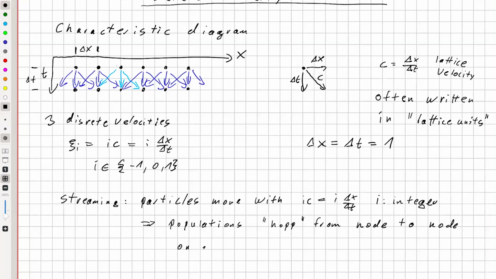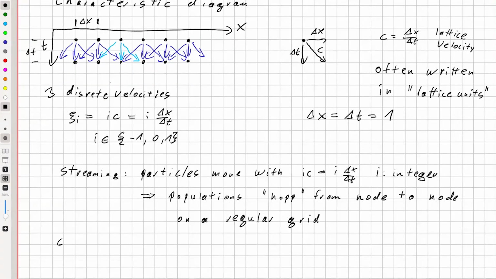The grids can be Cartesian or, for example, hexagonal, but here it will usually be Cartesian. The important thing is particles are not split up. They always come from one lattice node to the next lattice node. They have to have this particular speed, and the distance between the nodes has always to be the same, and the time step always has to be the same, right?